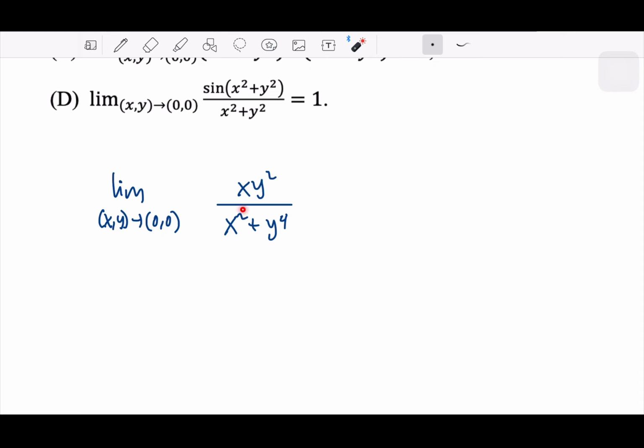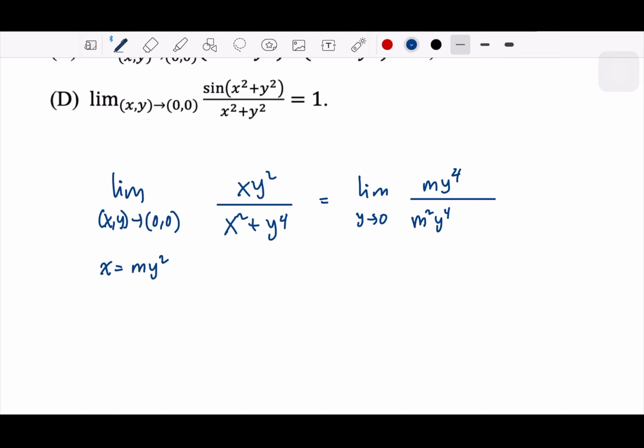So perhaps if we change x into something quadratic in y, for example x equals some gradient m times y squared, then as y approaches 0, this will be m y squared times y squared, so m y to the 4, over m squared y to the 4 plus y to the 4.